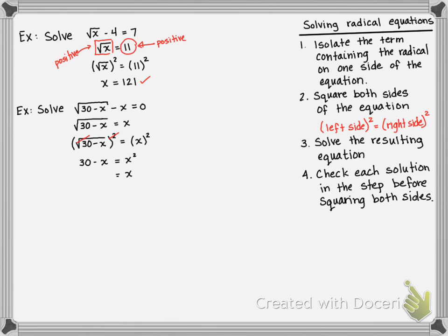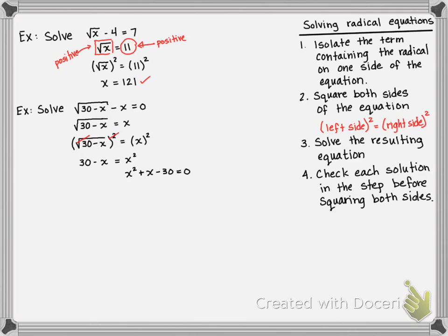I started with x squared on the right side, and I'm going to add x to both sides. That takes care of this. And subtract 30 from both sides. That takes care of that. That gives me 0 on the other side, because I don't want a negative coefficient on my x squared. But we don't really like the 0 on that side, so we'll just put it on that side.